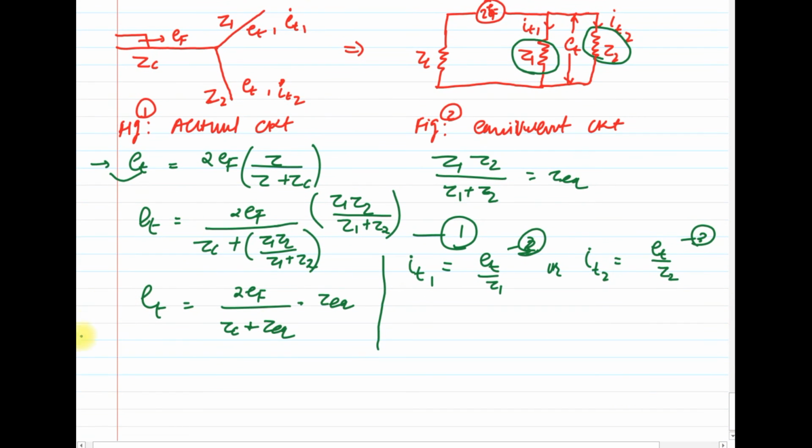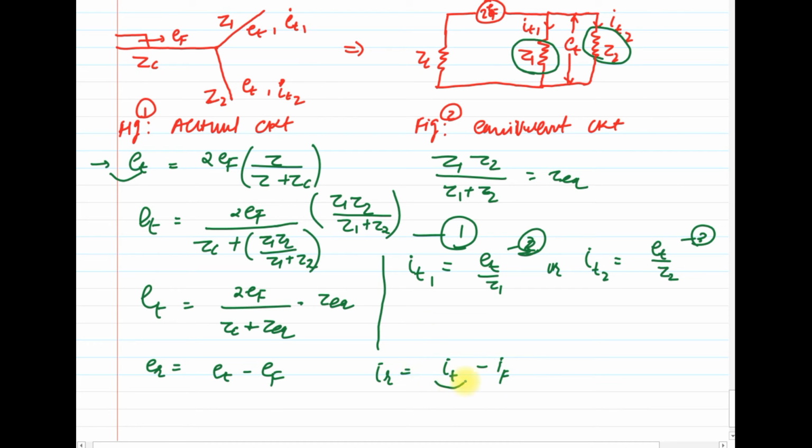Next, we have to calculate the ER, which is equal to ET minus EF. You have the value of ET, the value of EF, then you will easily calculate the ER. And the same way you can calculate the IR, which is equal to IT minus IF.